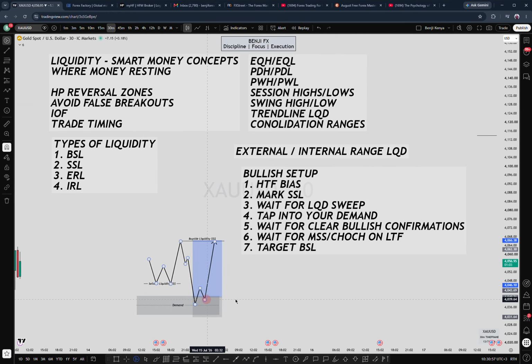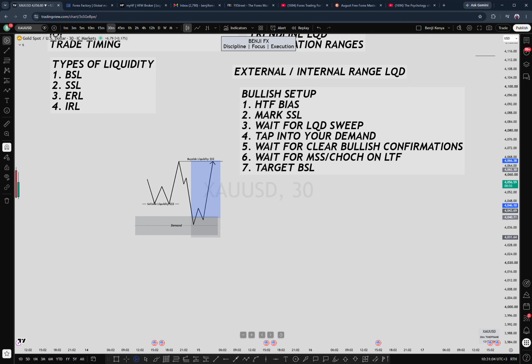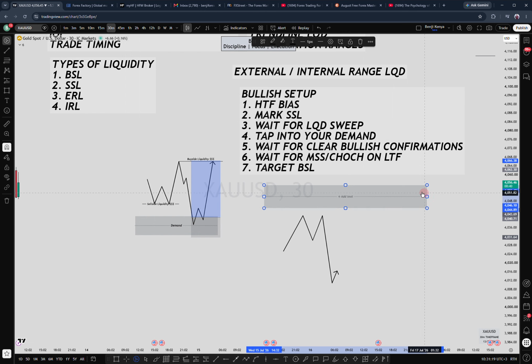Okay, higher time frame bias. Let me just delete this, or even keep it the same. The market was probably buying and created equal highs. Then the market decides to sell, and probably our supply was above this area. So this can also be the same as the Asian range strategy.